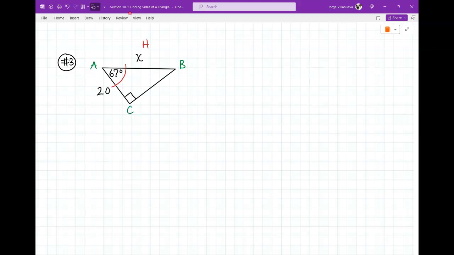BC or CB, whatever you want to call it. Sorry, I'm used to saying it in alphabetical order, but either way works. So that would be my opposite, which doesn't matter because there's nothing there. That leaves 20 as my adjacent.